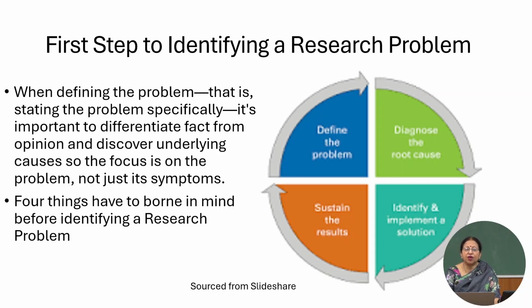The first step to identifying a research problem is defining the problem, that is, stating the problem specifically. It is important to differentiate fact from opinion and discover underlying causes, so the focus is on the problem and not just its symptoms.